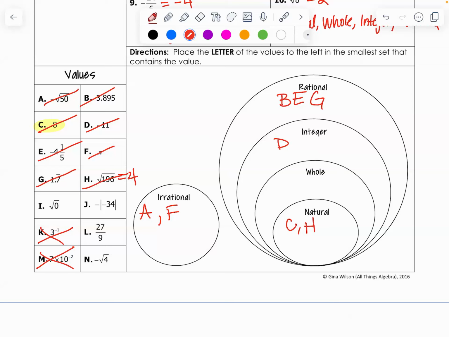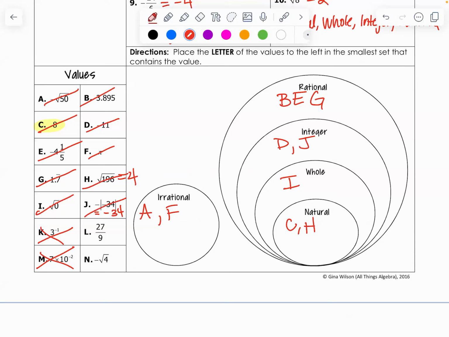Let me do it again. Square root of 0 is 0. Wes, where does that go? Whole. 0 goes in our whole numbers. Okay, the absolute value of negative 34 is the same as negative 34. Negative 34 would belong in integer.